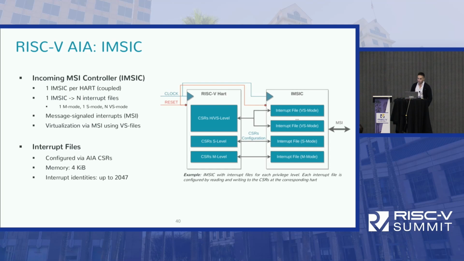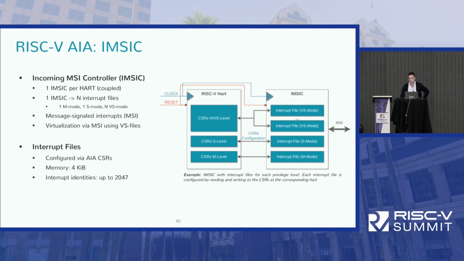In terms of IMSIC, there is one IMSIC per hart, which means if you have a configuration with, for example, 4 harts or 4 CPUs, you will have one IMSIC per CPU, which typically, in terms of placement, is coupled to the CPU. Each IMSIC provides n interrupt files, in the sense that you provide one for M mode, one for S mode, and n for VS mode.